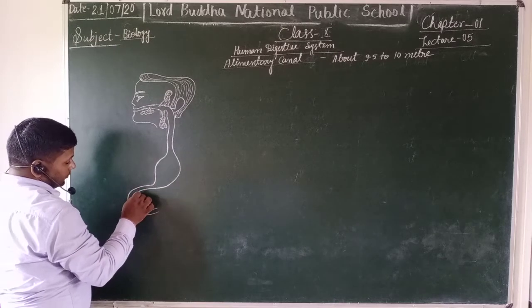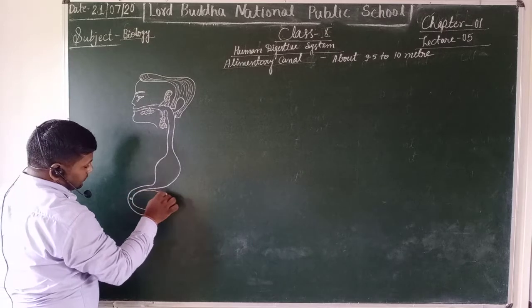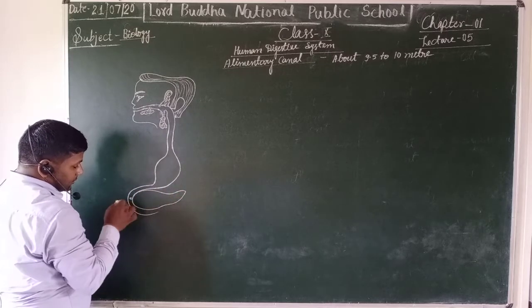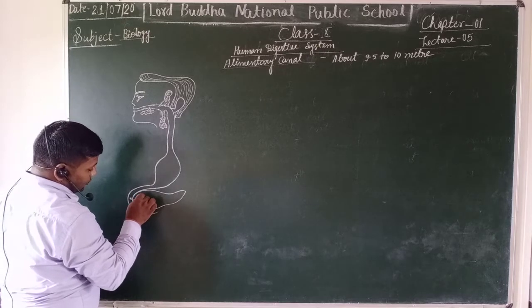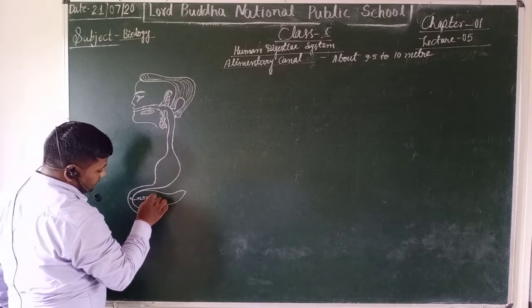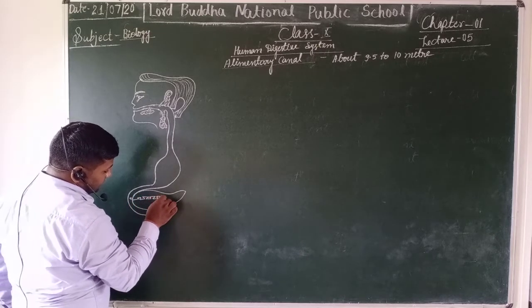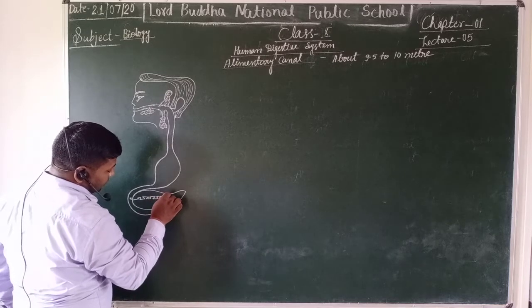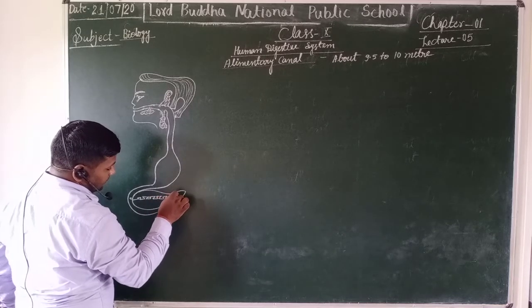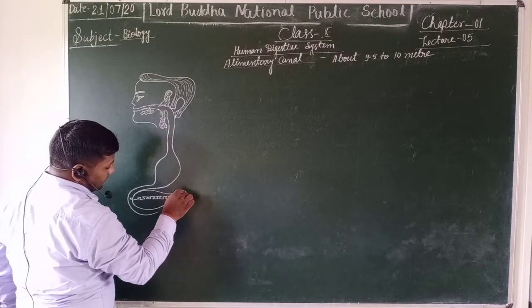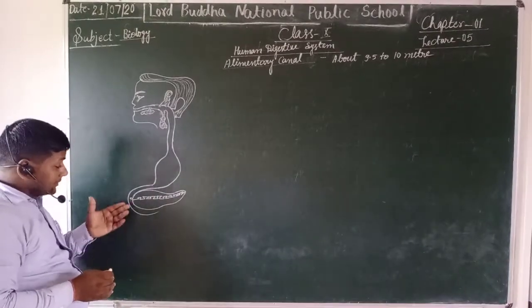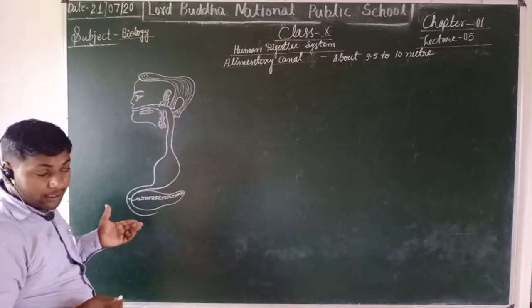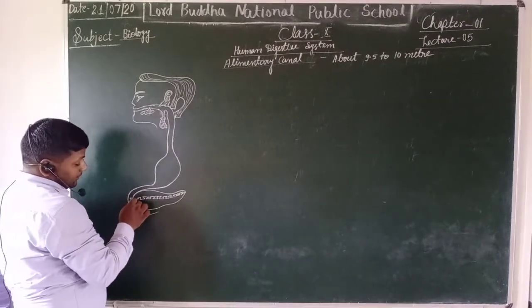Just above the duodenum, a leaf-like structure is present, known as pancreas. It is a mixed gland due to the presence of exocrine as well as endocrine parts. It means it secretes hormones as well as enzymes.